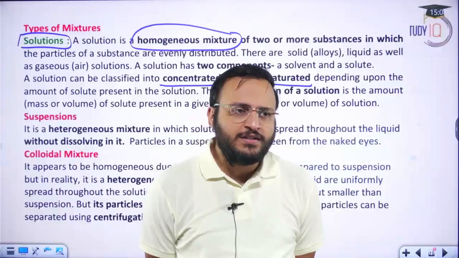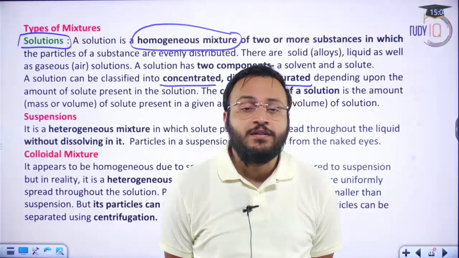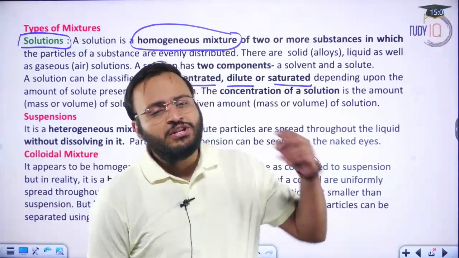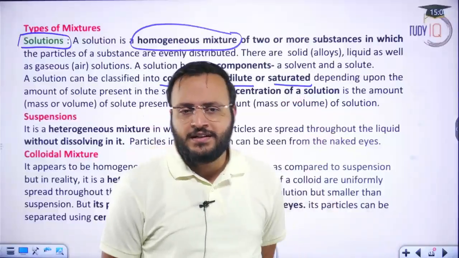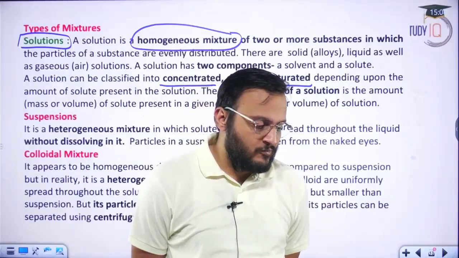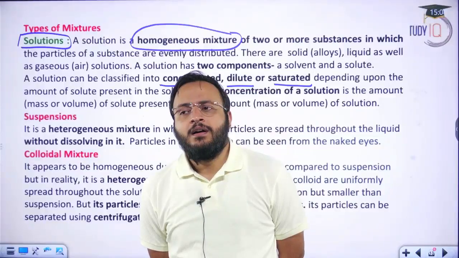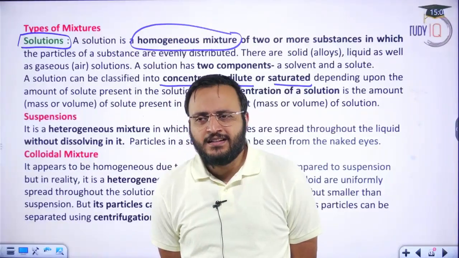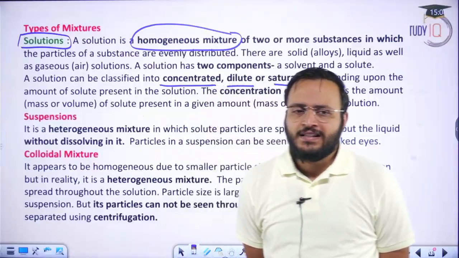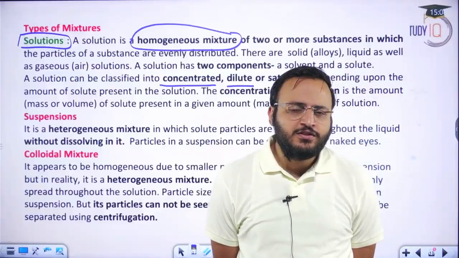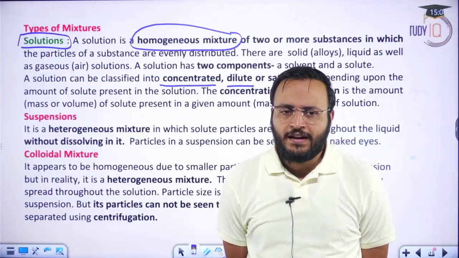After the dilute or concentrated solution, we have the saturated solution. A saturated solution is the extreme kind of concentrated solution. If you keep on adding sugar in a glass of water, after some time the sugar stops dissolving.